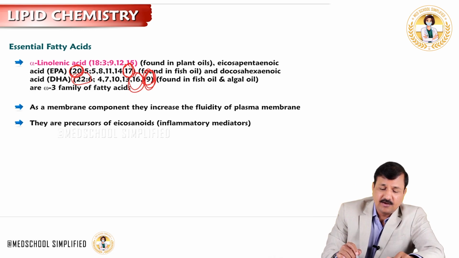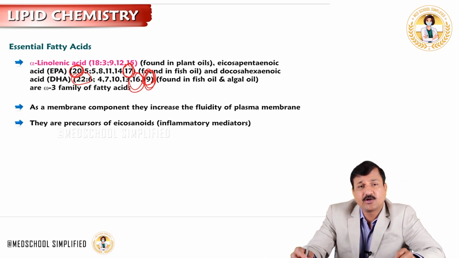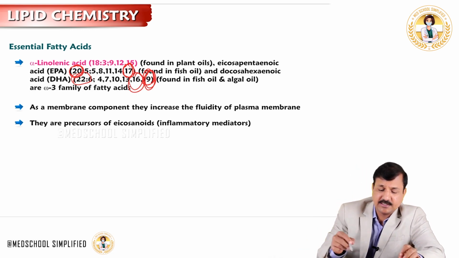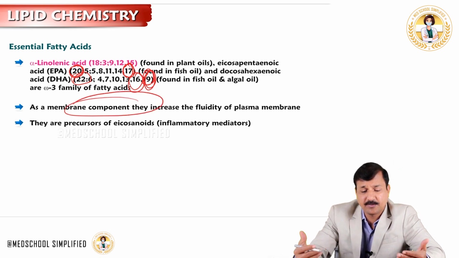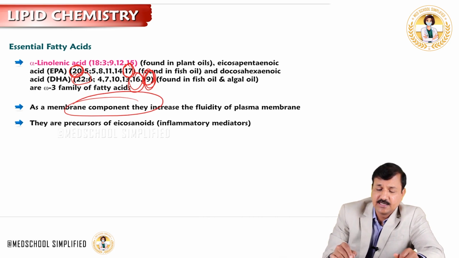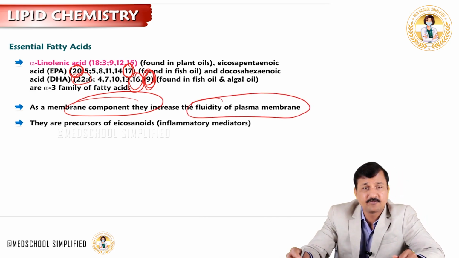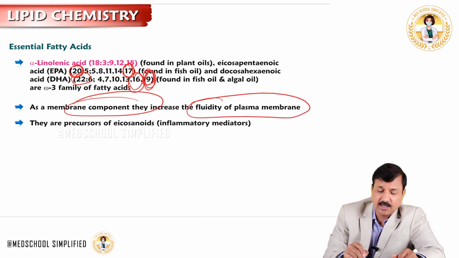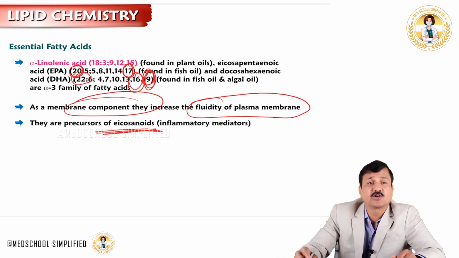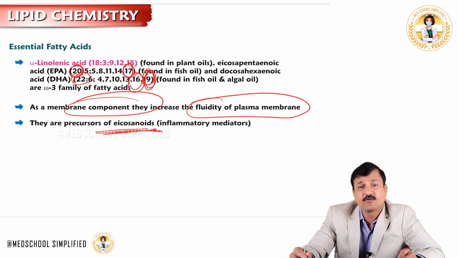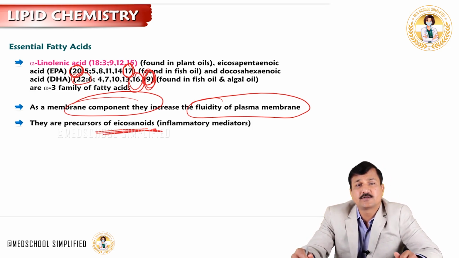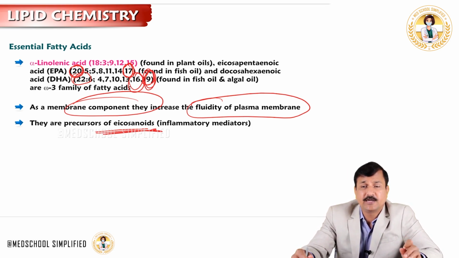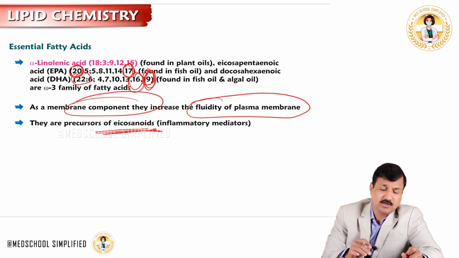Now, alpha linolenic acid, eicosapentaenoic acid, docosahexaenoic acid, when they become components of our cell membrane, because they are polyunsaturated fatty acids, they will increase fluidity of the membrane, and also they are precursors for eicosanoids. These are inflammatory mediators that are necessary to take care of certain inflammatory agents that are getting into our body.